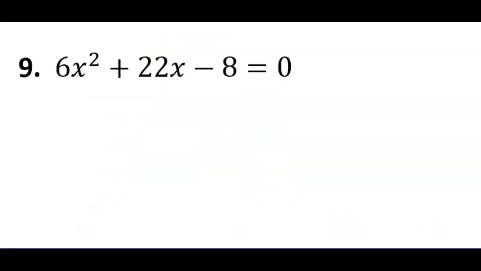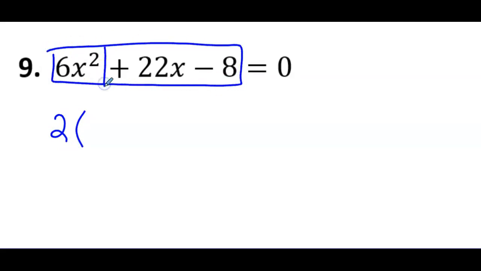Okay, lastly, number 9. Question. Can I take a number out of each one of these? What number can I divide each of these by? 2. Correct. So if I box that out and I do my division, 6x squared divided by 2 is 3x squared.